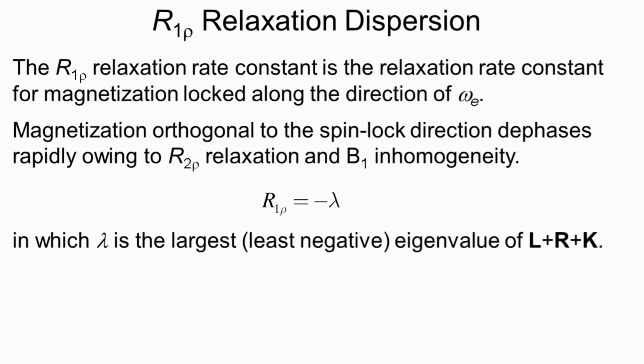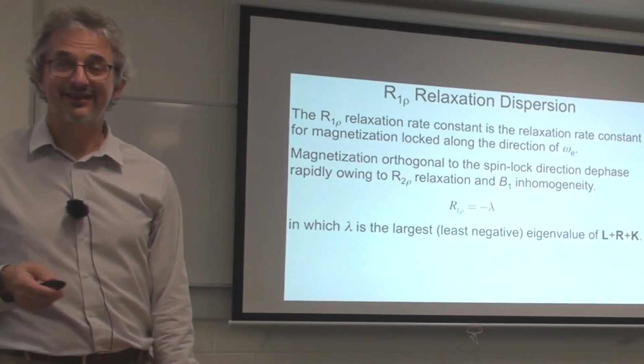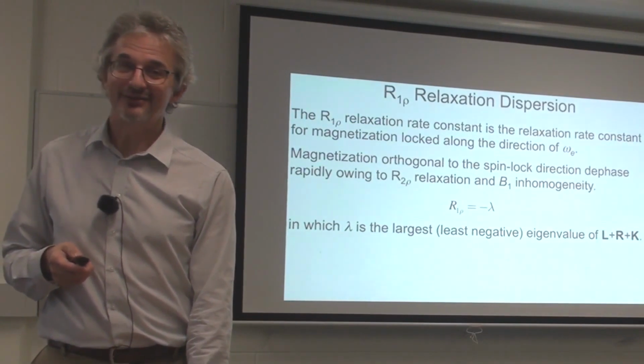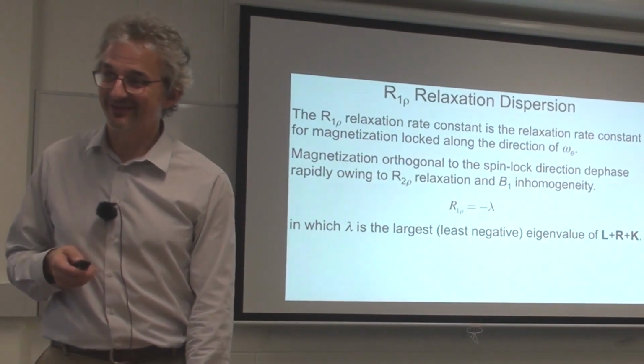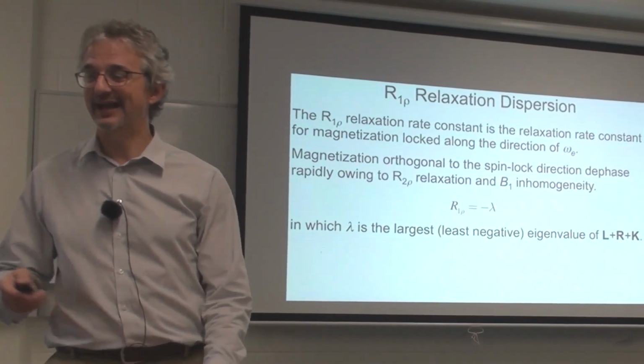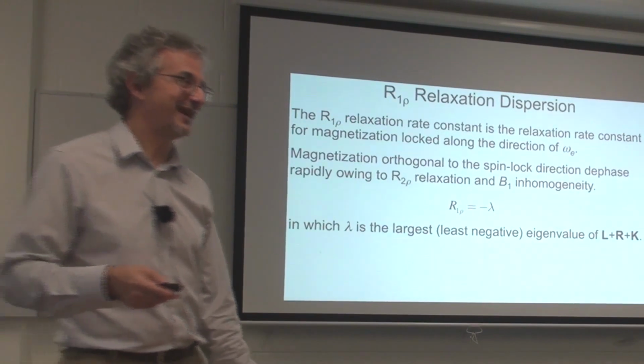And that means essentially that R1 rho is the negative of the largest eigenvalue. Now the eigenvalues are all negative, so the largest eigenvalue is the eigenvalue closest to 0. So you might think of that as the smallest eigenvalue. It's the smallest eigenvalue in absolute value, but it's negative, so mathematically it's the largest eigenvalue.